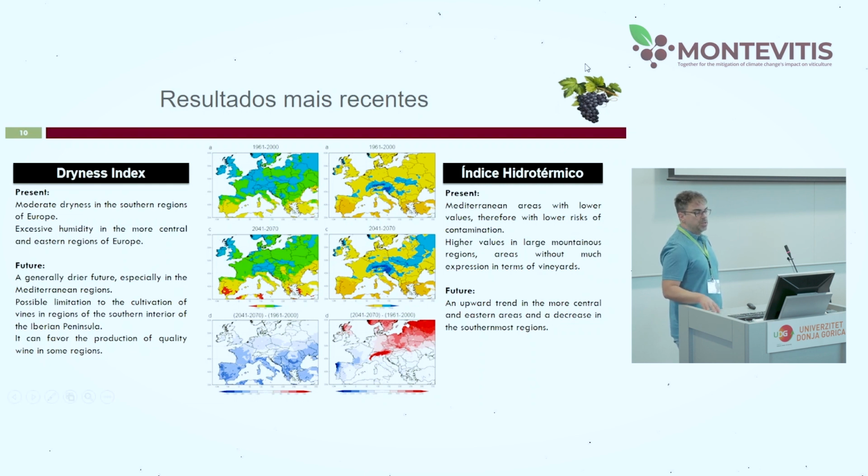And another index that has some relationship to pests and diseases, in this case mildew, shows that while the relationship is not clear, since there is a decrease in precipitation, less humidity will actually be beneficial for some areas.